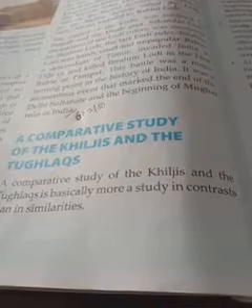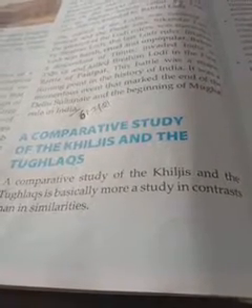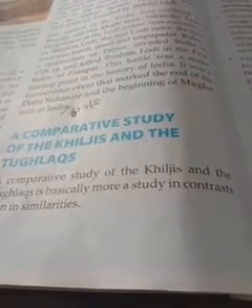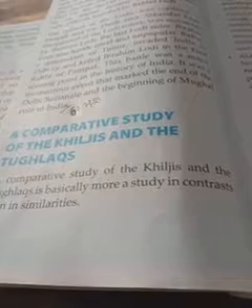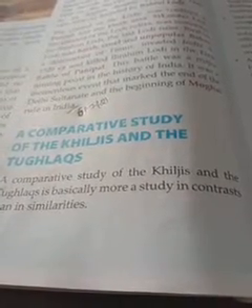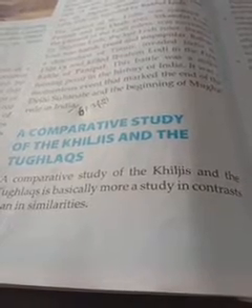Today, once again, we will continue our discussion and explanation of History, chapter 5. In that, we have to see a comparative study of the Khiljis and the Tughlaqs.